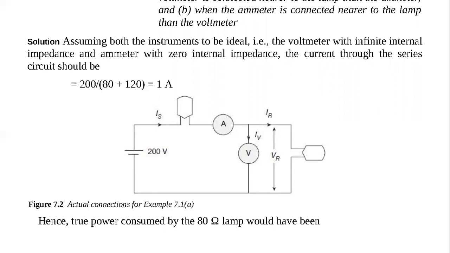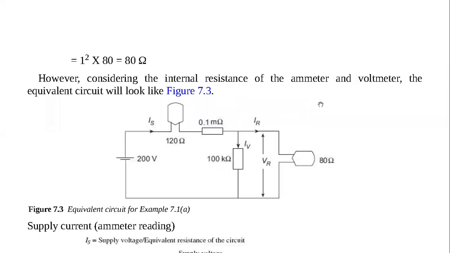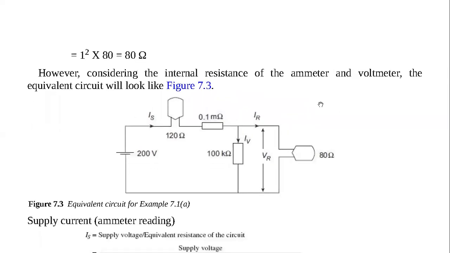We saw how you calculate power. Power is equal to V times I, and since V is equal to IR, power P will be equal to I squared times R, that is the current squared times R.